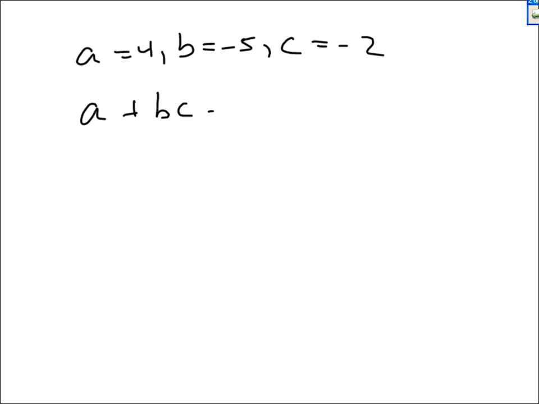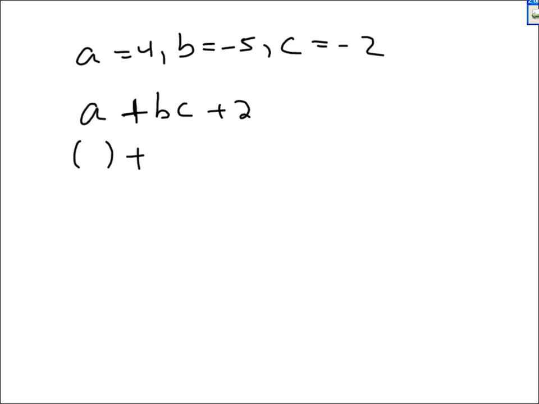What on earth am I saying? Well, suppose you were told that A is equal to 4, B is equal to negative 5, and C is equal to negative 2, and you're asked to evaluate A plus BC plus 2. Well, the letters, you put brackets.